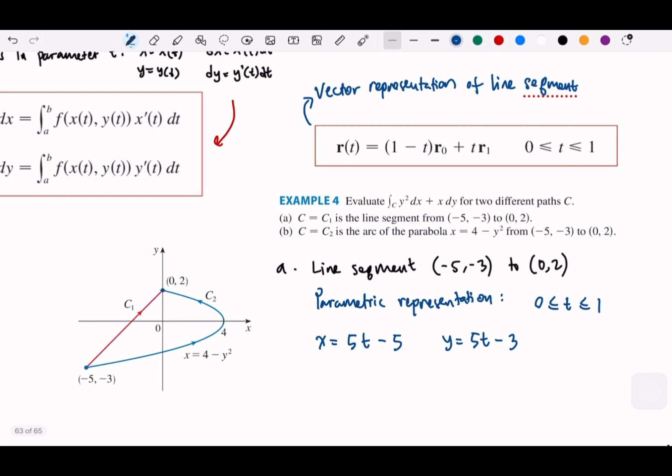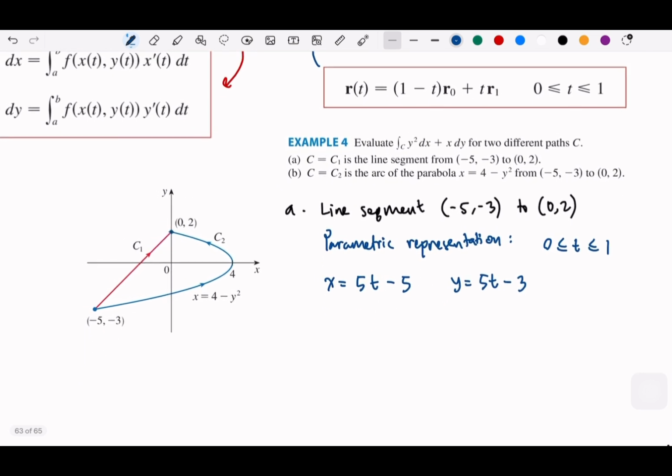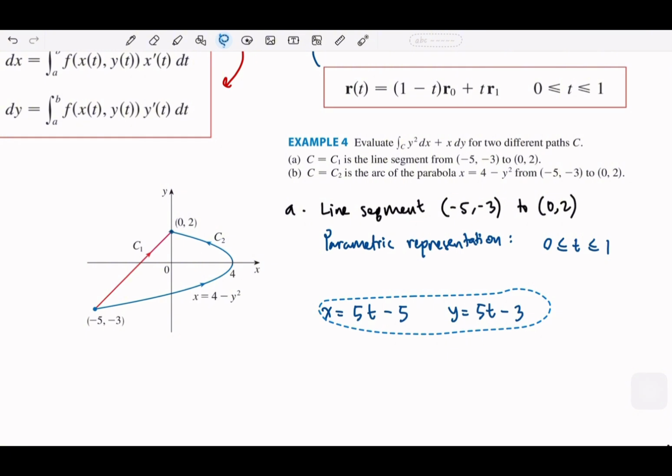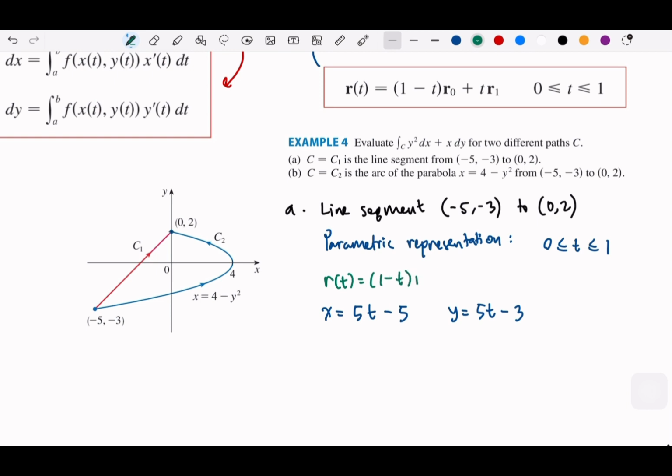Let me write here, this is using the form where t goes with 1 minus t.